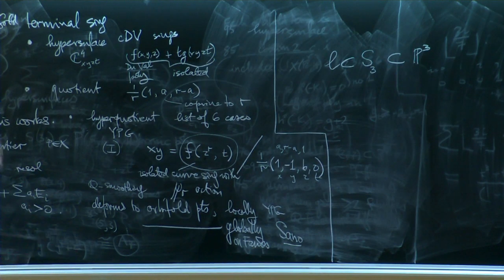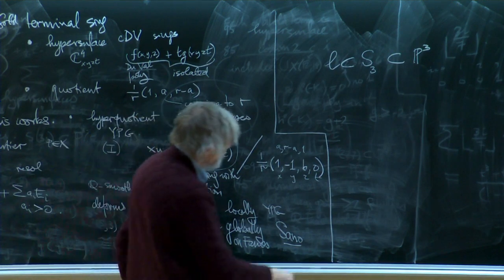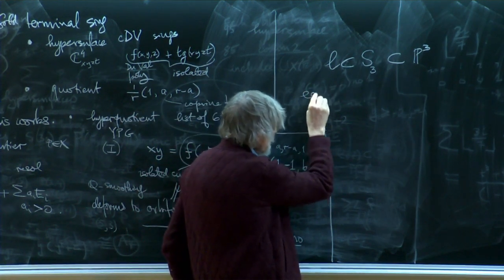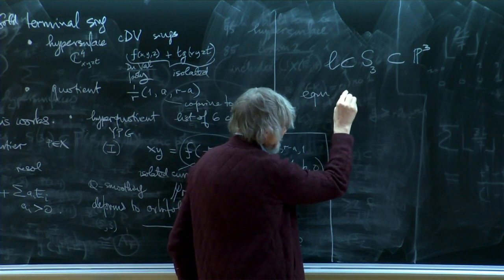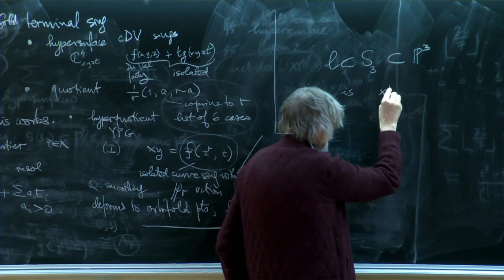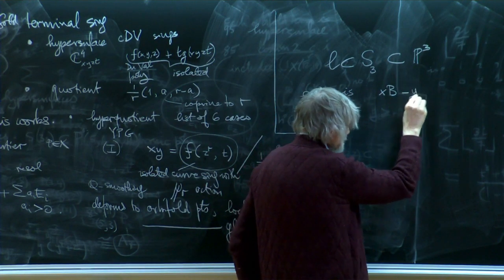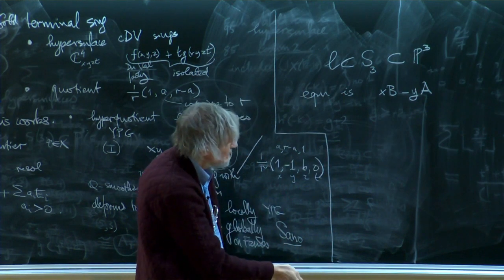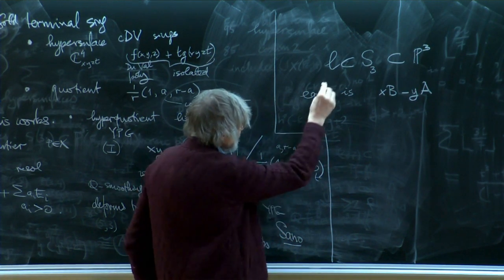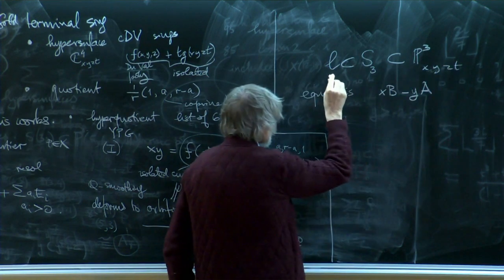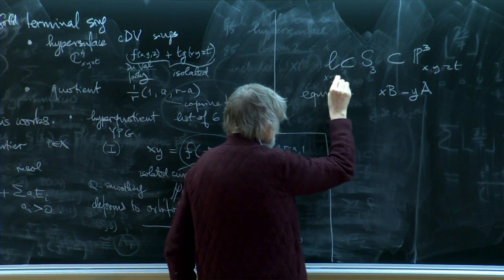So let's do that in a slightly algebraic way. It means that the equation of S3 is, let me write it as x times b minus y times a. Yes? I'm just writing any cubic equation. So this is x, y, z, t, and this is x equals y equals 0.